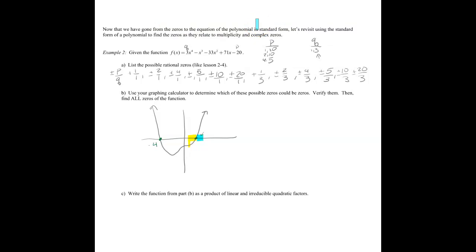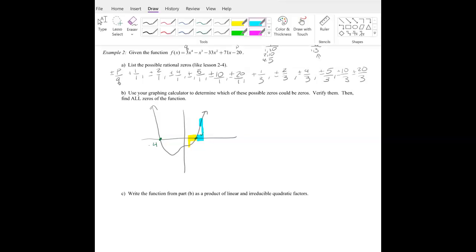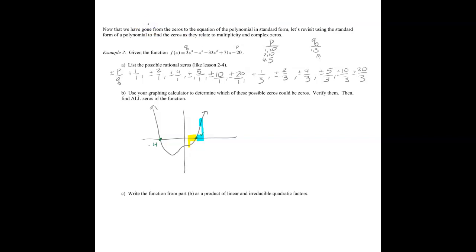To the right of my x-intercept is above my x-axis, so I should pick a point above my x-axis and hit enter. Then it's going to say guess, and you hit enter again, like we have been. Then it tells us that this is like 0.33333 repeating, which is just 1/3. Alright, so that narrows it down.